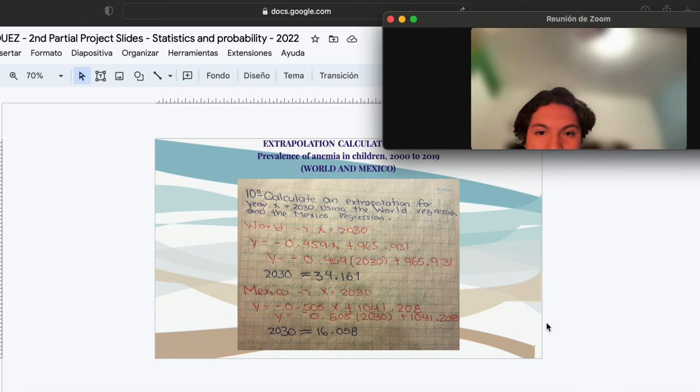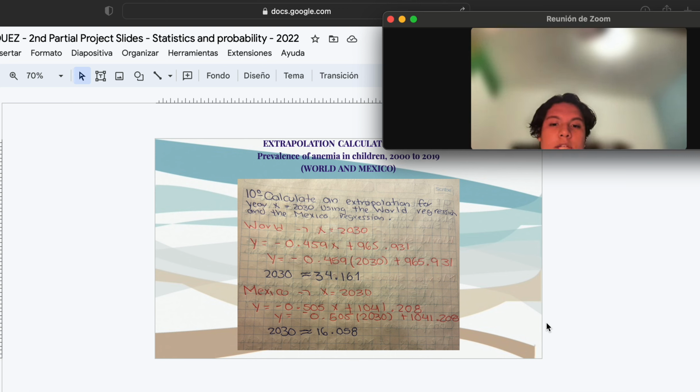Then we have our extrapolation calculation, which is easy because we basically substitute the x of 2030 into the linear equation. So it is minus 0.459 multiplied by 2030 plus 965.931.